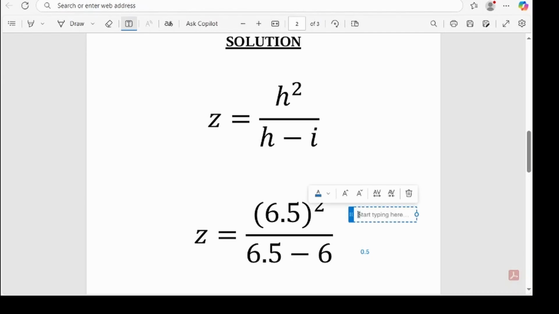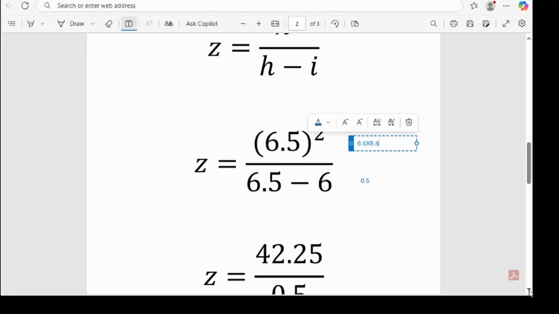And 6.5 squared is similar to 6.5 times 6.5 again, right? So that one would give you 42.25, okay?